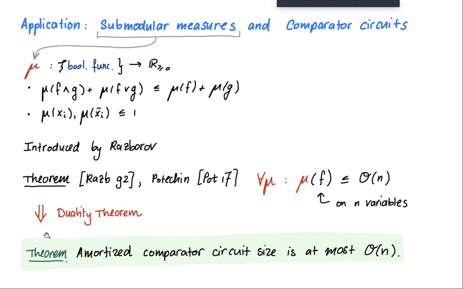So if we apply our duality theorem, we obtain that the amortized comparator circuit size of any Boolean function f on n variables is at most big O of n.